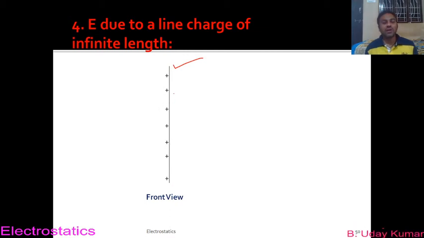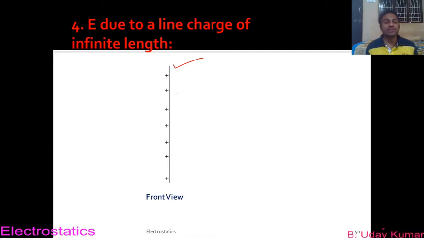This is called a line charge. If its length is finite, it becomes a line charge of finite length, and if its length is infinite, it becomes a line charge of infinite length. So what is a line charge? It is nothing but a charge which is uniformly distributed on a line.